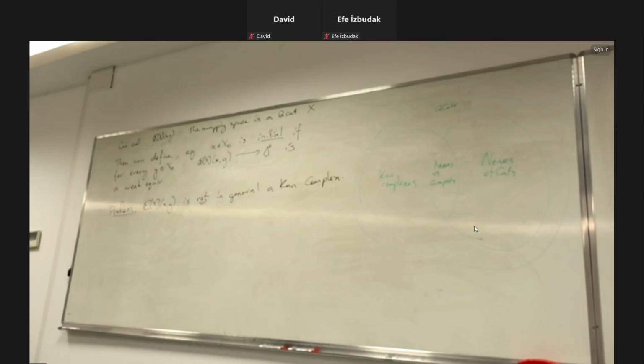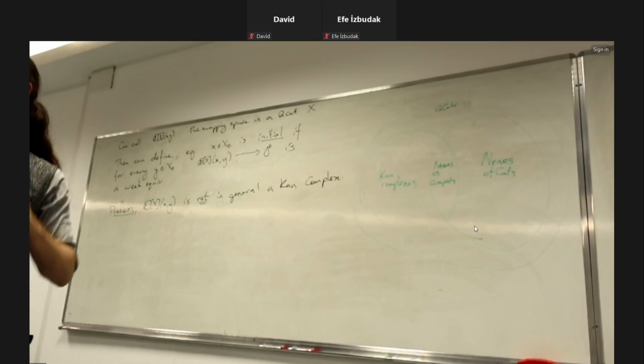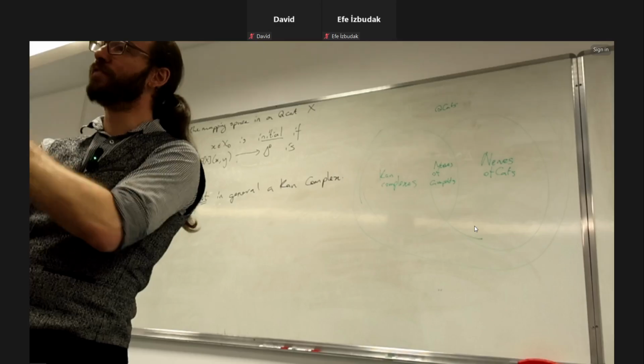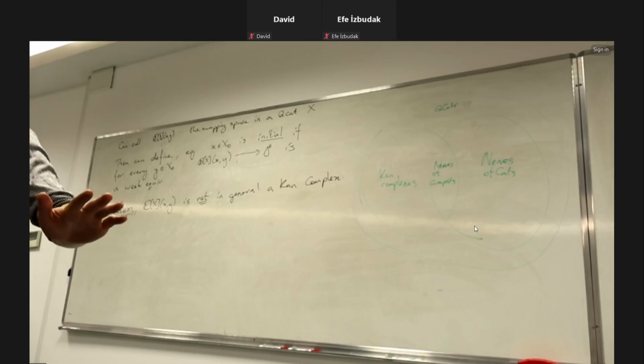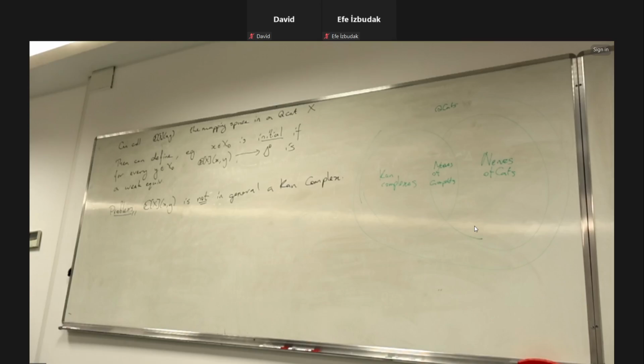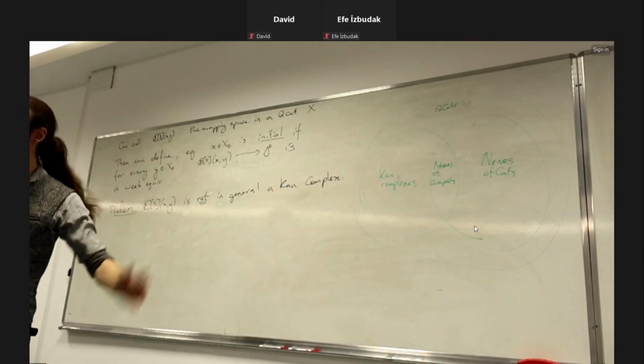So if you have a quasi-category and you know that it's a fundamental category, so you hit it with this tau1 functor, if that gives you a groupoid, then it's already a Kan complex. You only need to check the invertibility of one morphisms in some sense. You don't need to check all of these lifting properties.